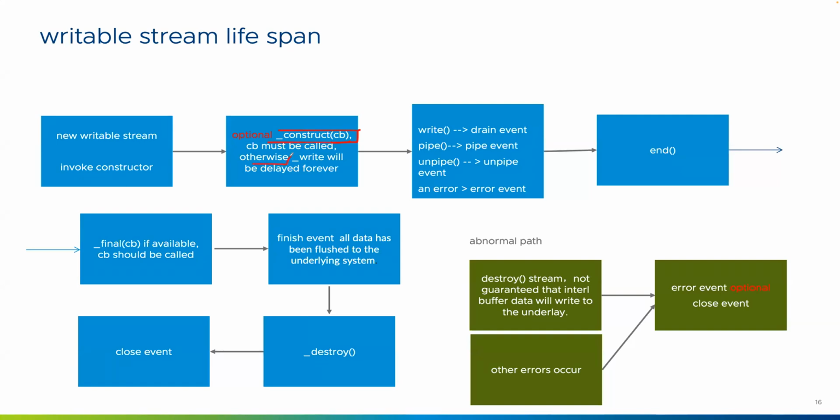Otherwise, if you did not call this callback, then the further actions, for example the underscore write, will be delayed forever. So that means in this block, there's some preparation or initialization process you have to finish.